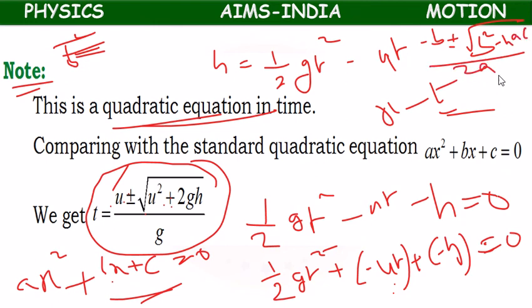This is the formula for roots. Minus 4ac means minus 4 into a, which is half g, into c, which is minus h. If you multiply, 2gh will come, divided by g.